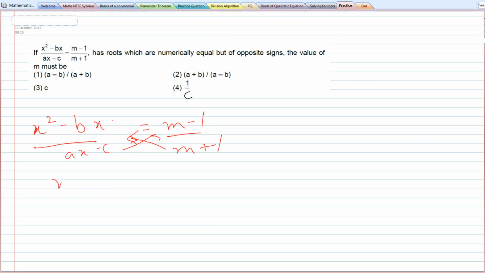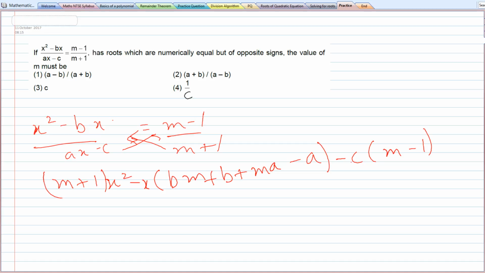Did anyone get the right quadratic equation? M plus 1 x square minus x into bm plus b plus ma minus a plus c into m minus 1.